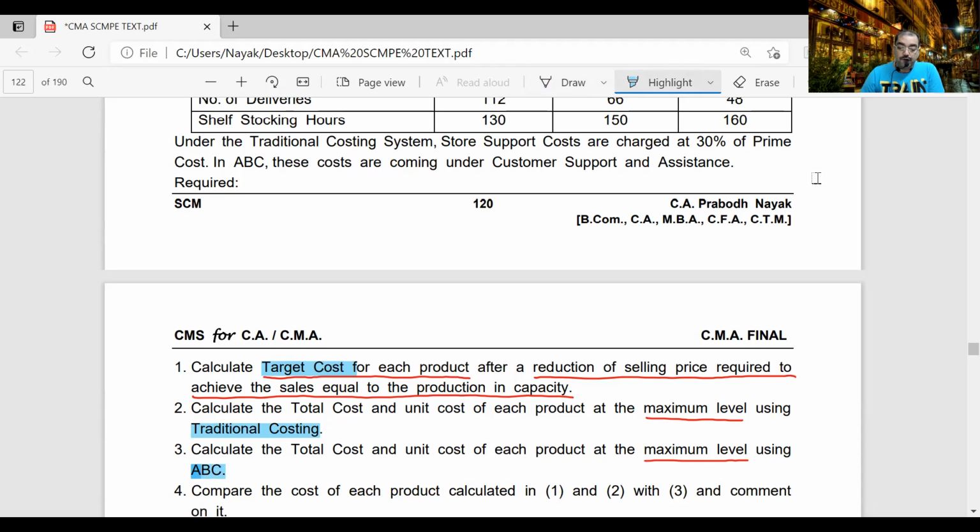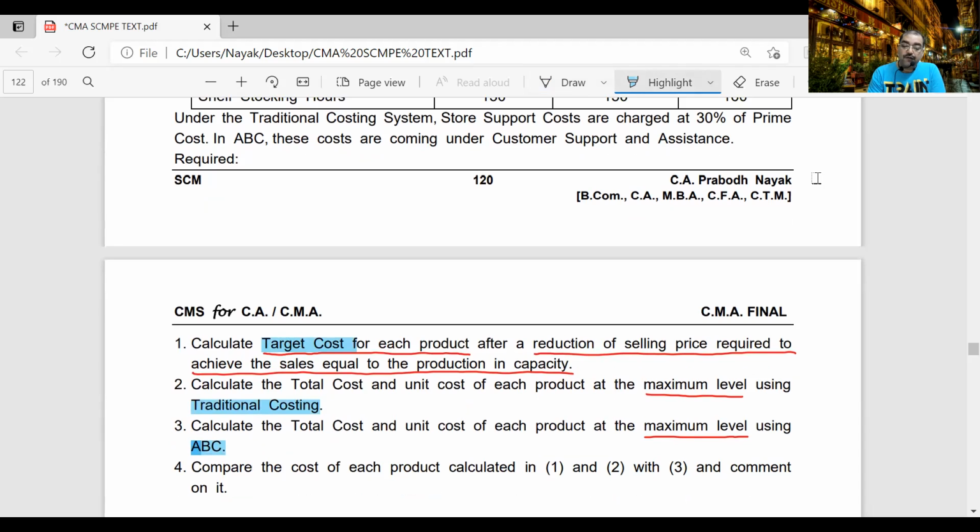And then they have said, compare the cost of each product calculated in 1, 2, and 3 above and comment on it. So in other words, they are asking us to prepare a comparative statement. In the last part, that is the fourth part, it is implied that they are asking us to prepare a comparative cost statement.